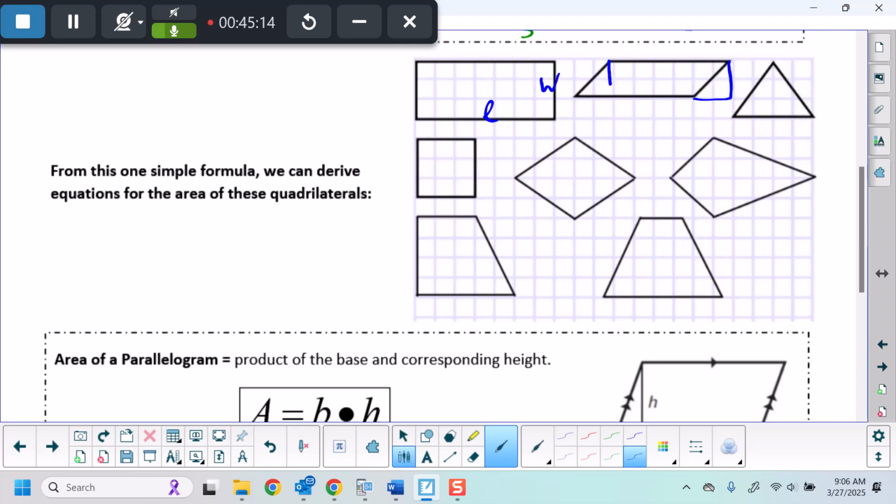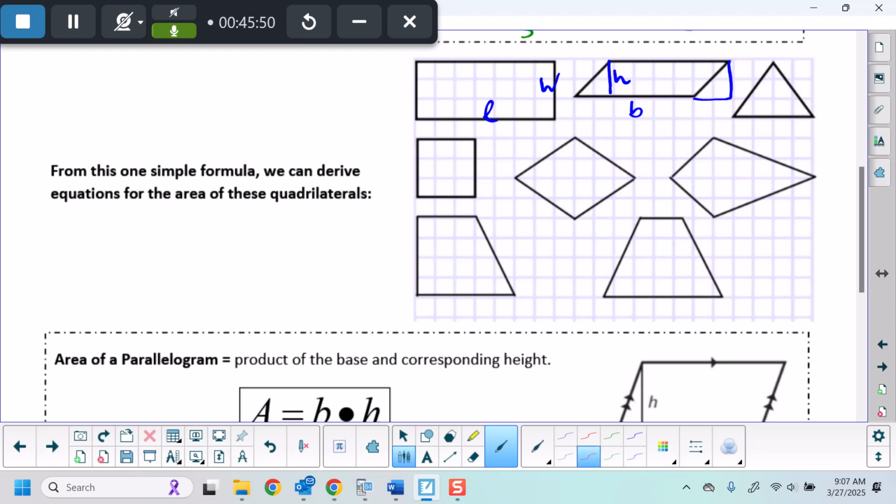So its height times its base is going to give me that formula, because I can recognize that that parallelogram is just a tilted version of that rectangle that it was formed from. The true formula that you only have to remember is base times height. This base times this height, because I recognize that parallelogram came from that rectangle.